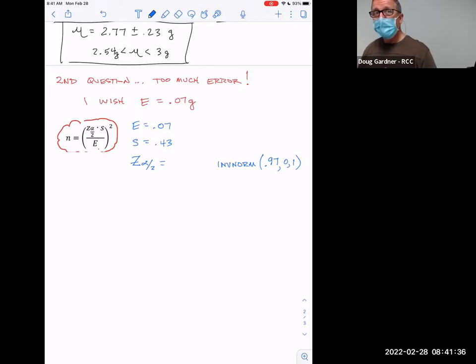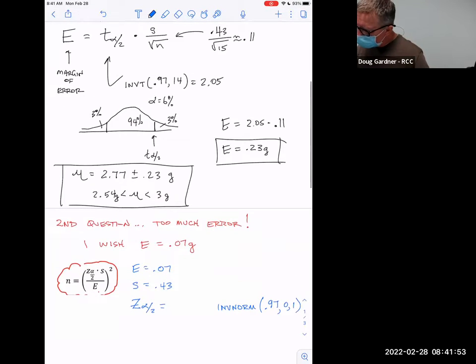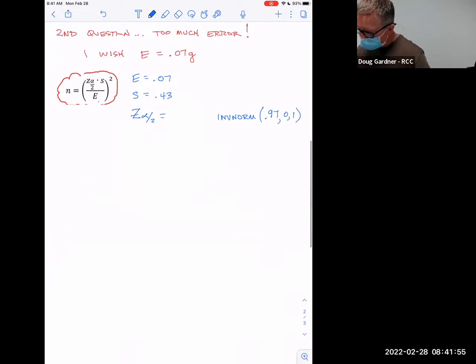And because we're talking about a Z-score, which is cleansed of its mean and standard deviation, that's what we type in. Now that's the same thing we just did a minute ago for inverse T, except we get a slightly different answer. A second ago with inverse T, we got 2.05. We're going to get a slightly different answer for this. You might do this with me. I got 1.88.